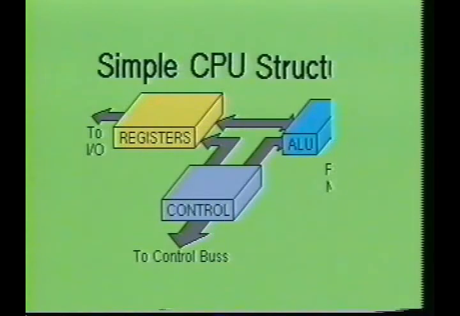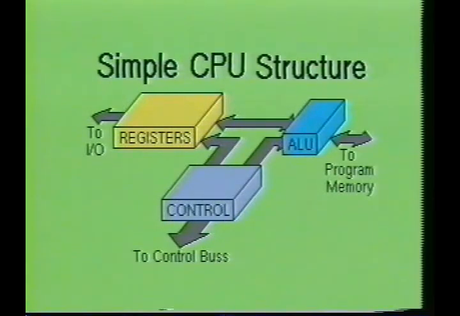The internal structure of the CPU will vary widely among various computers. In the following portion of this video, we will describe a single central processing unit of a microcomputer. As you can see, it consists of an ALU or arithmetic logic unit, several registers, and a control section.